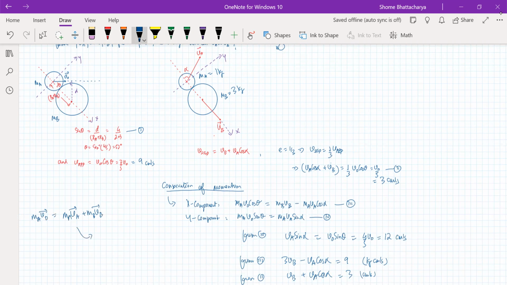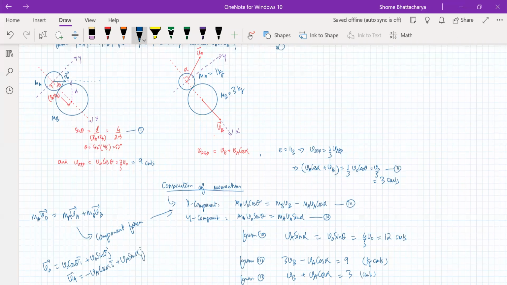And then we are writing this in component form. So in component form, our V naught is V naught cos theta i cap plus V naught sin theta j cap. Okay, our VA is minus VA cos alpha i cap plus VA sin alpha. See the diagram and you will understand.